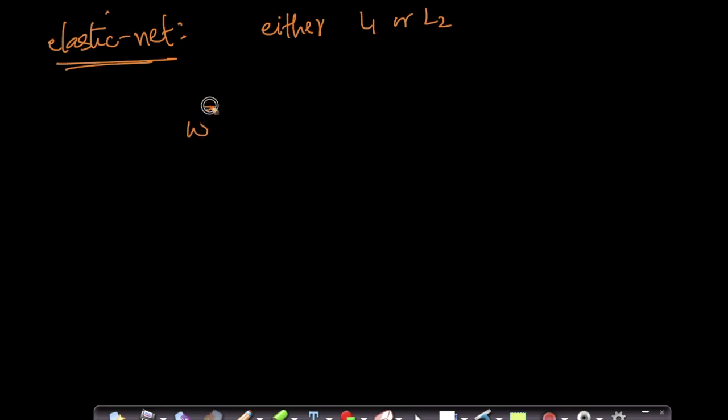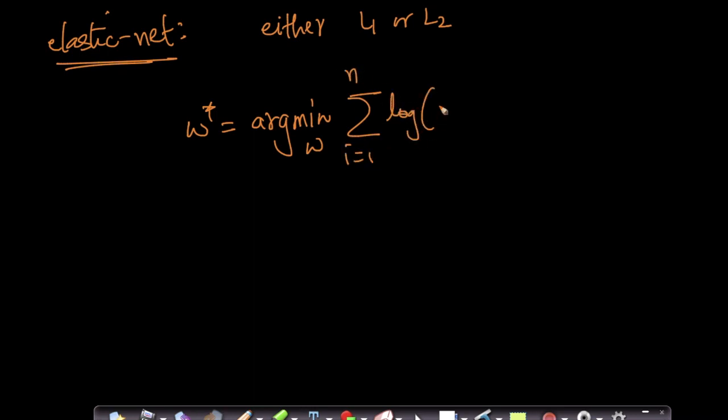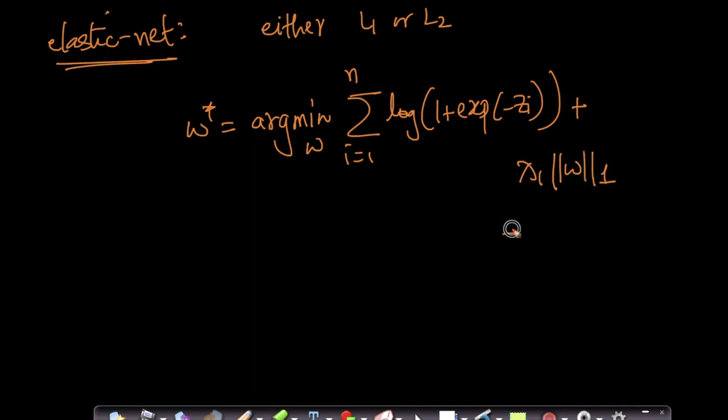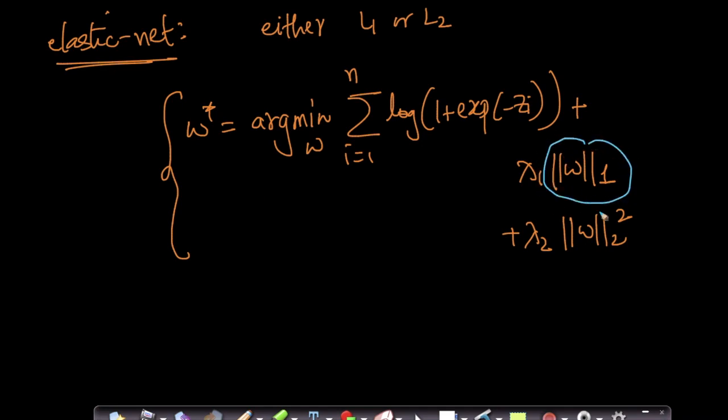The way it works is they take W star equals argmin of the summation i equals 1 to n of the logistic loss, log of 1 plus exp of minus zi, plus lambda 1 times the L1 norm plus lambda 2 times the L2 norm squared. So they have both the L1 norm and the L2 norm.